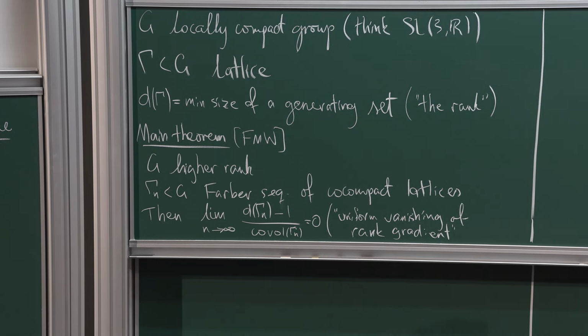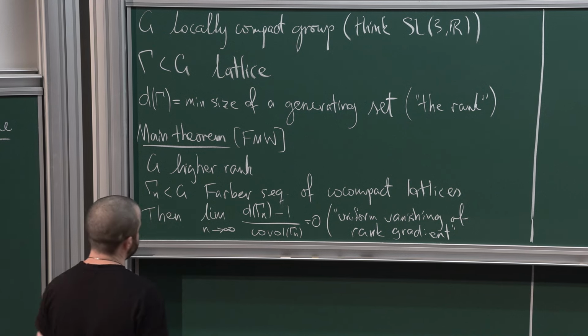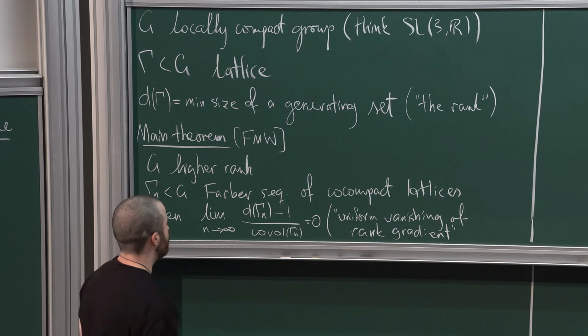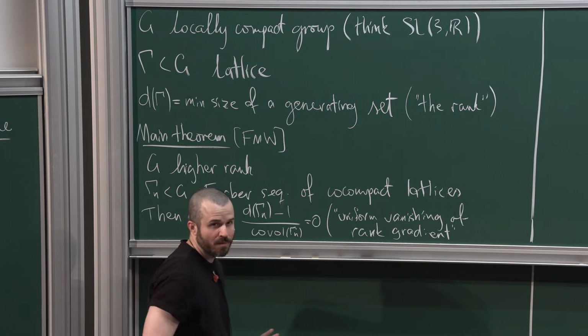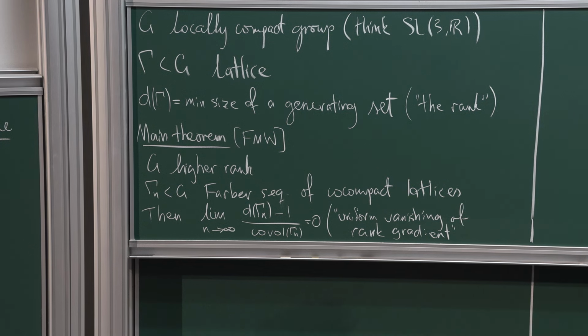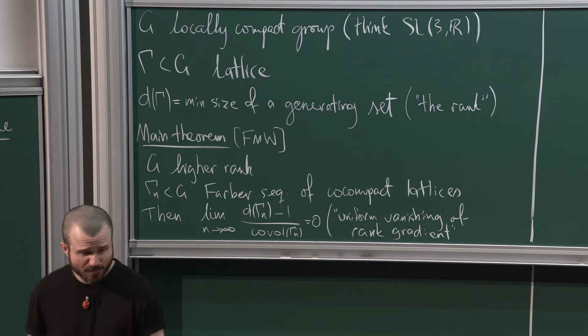This goes back to work of Gelander. Gelander had a beautiful PhD thesis, and he studied how rank behaves versus the covolume, in particular for irreducible lattices. And he showed that quantities like this are bounded. In other words, in the worst case scenario, you need some multiple of the covolume many generators to generate your lattice.